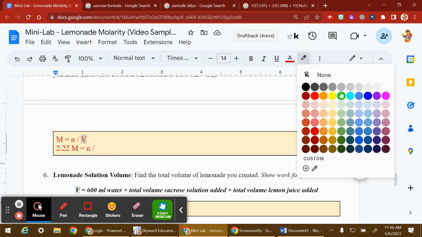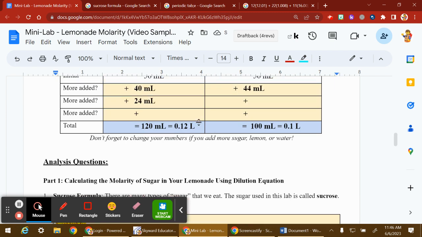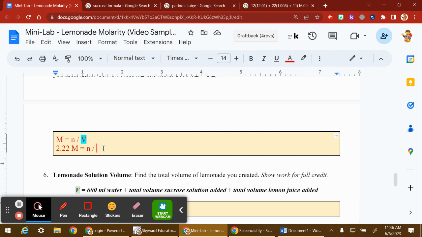Now, where are you going to get this? You're going to go up to your data table and you're going to see, oh, altogether I used 120 milliliters. I don't know how much sugar you guys like. But I used 120 milliliters, which is 0.12 liters.